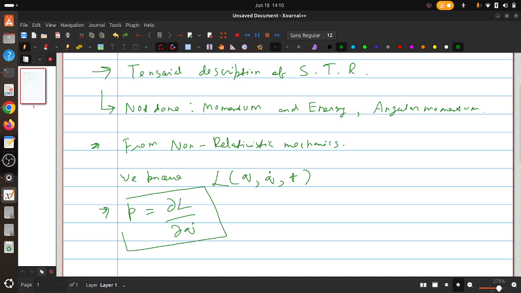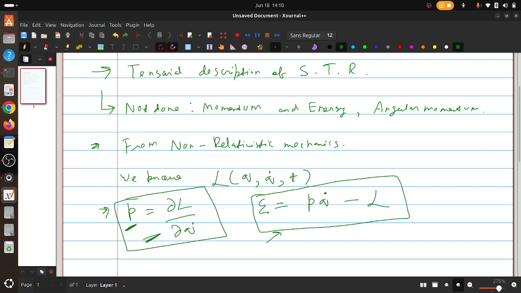We can use this to find our momentum, and then do a Legendre transformation of the Lagrangian, p q dot minus L, which we do in non-relativistic mechanics, and find the energy function. So once we find momenta using this equation, we can put that here and find energy. That is going to be our game plan here also.